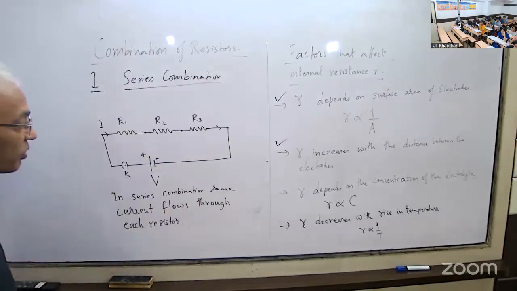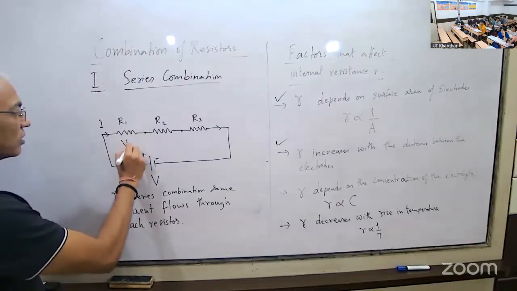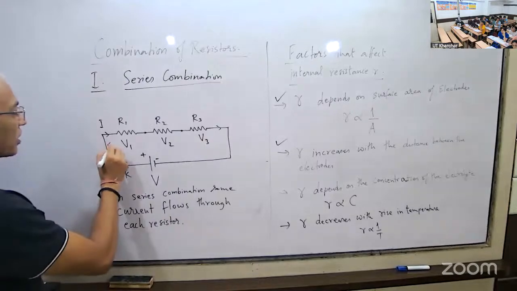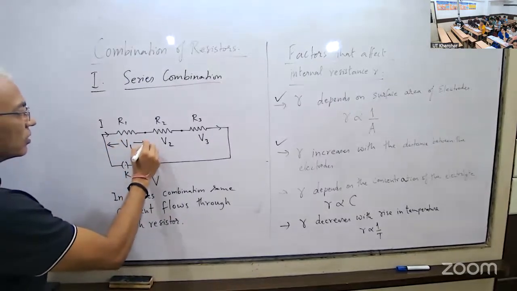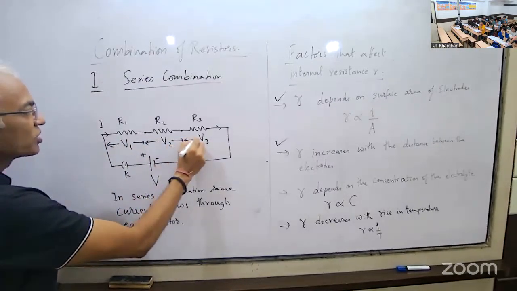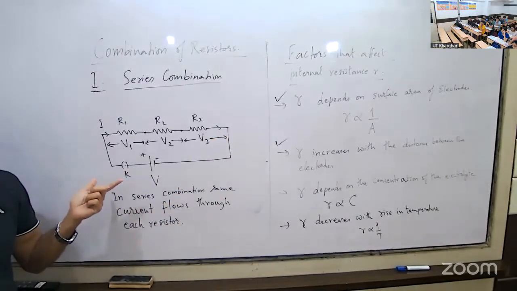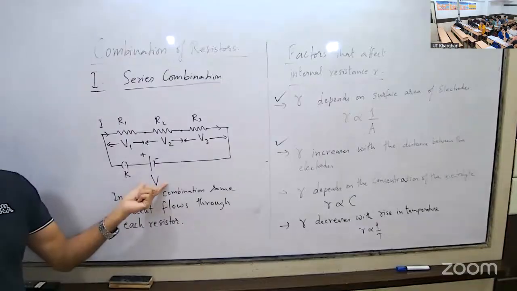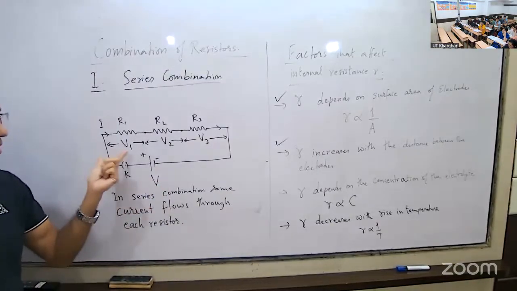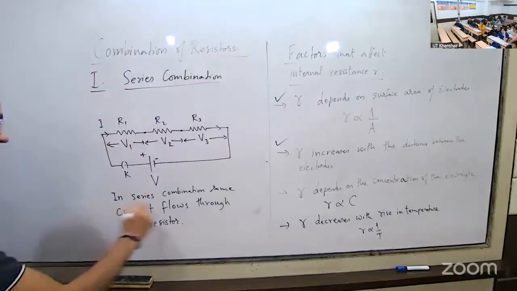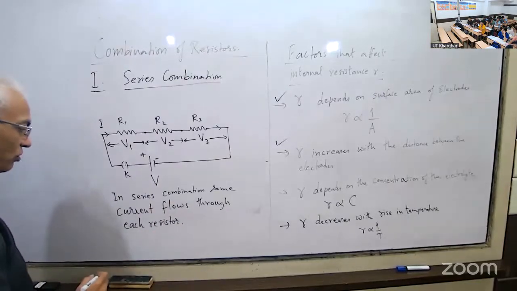So work done per unit charge is nothing but potential difference. So work done per unit charge in every resistor will be different now. Right? But what is the total energy? V. So it is distributed in V1, V2 and V3. Is it clear? So in series combination, same current flows through each resistor.